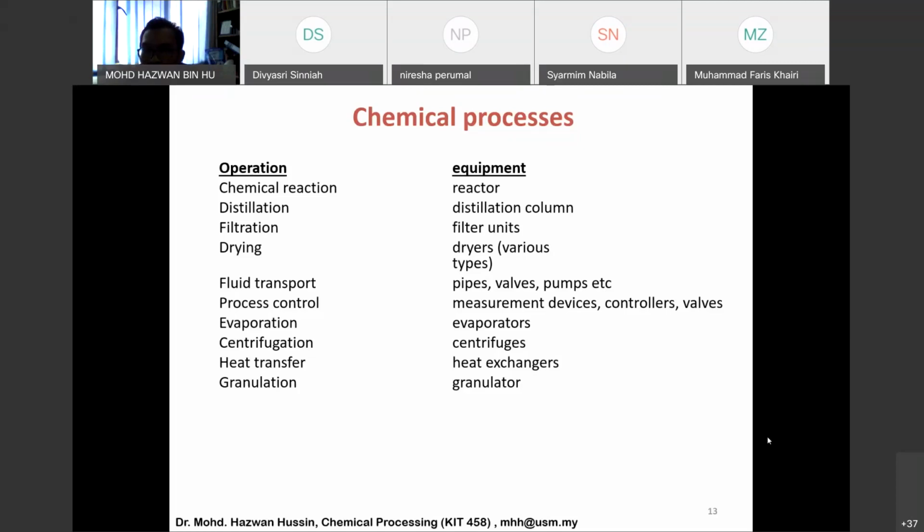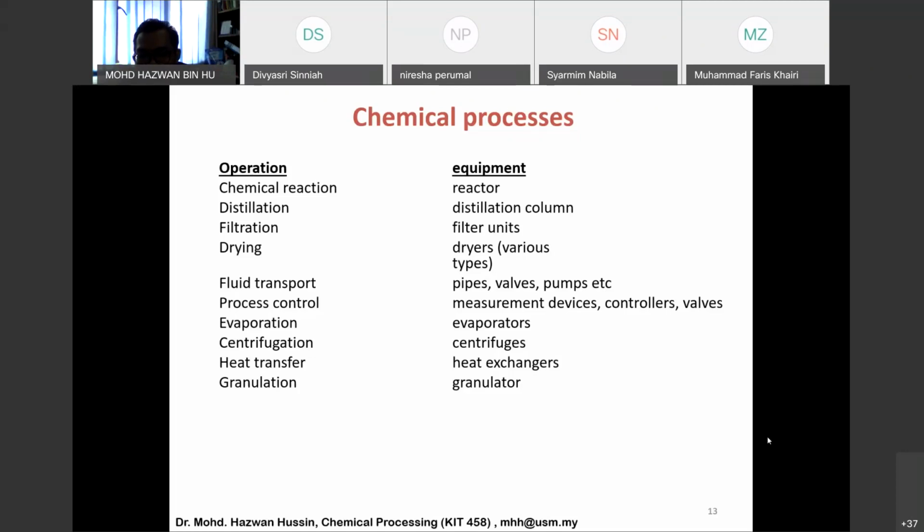Anyone knows? What is actually the filter unit used if they want to do filtration in industry? Are they going to use filter paper? Anyone knows? Yep, Ki Yuan. Any suggestion?